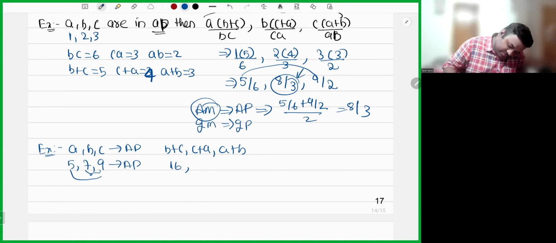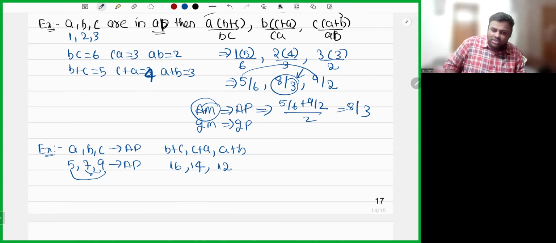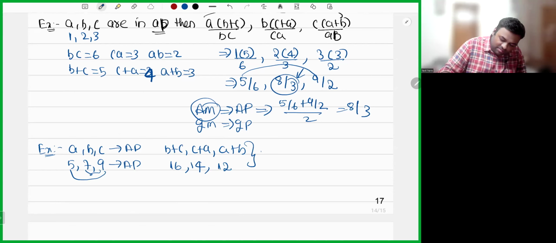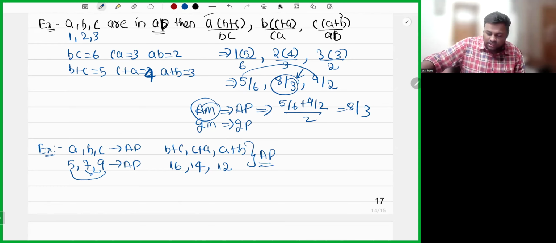C plus A? 9 plus 5, 14. A plus B? 5 plus 7, 12. 16, 14, 12. Which progression are they? They are in AP. So this is how we'll be using this.